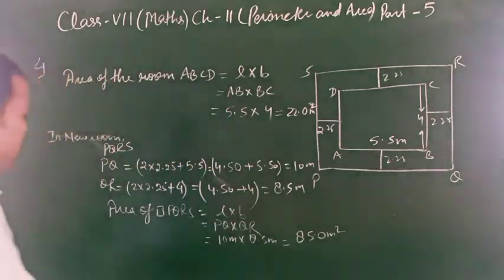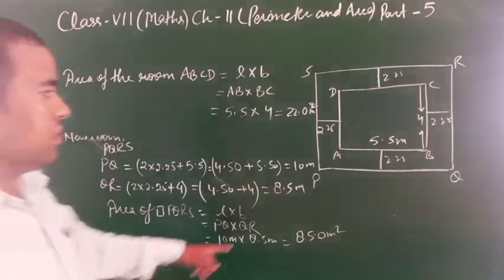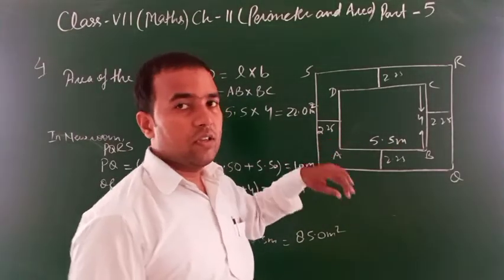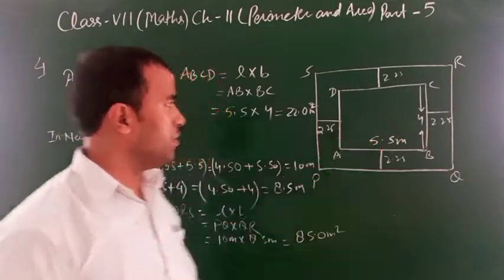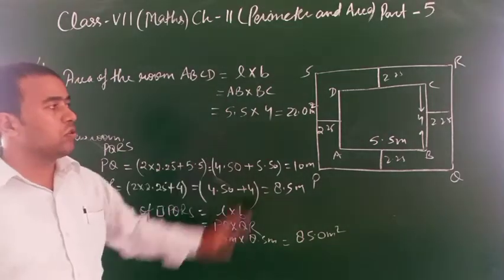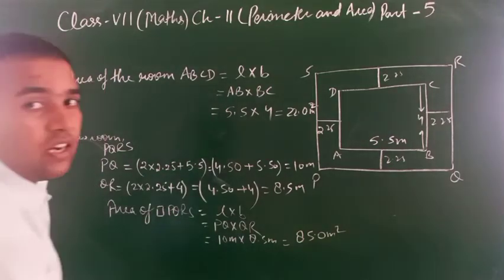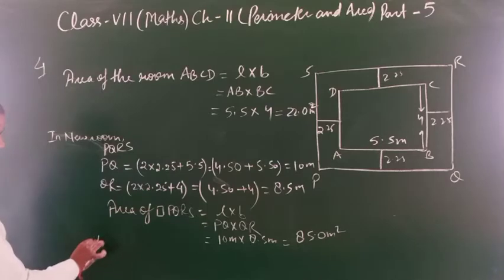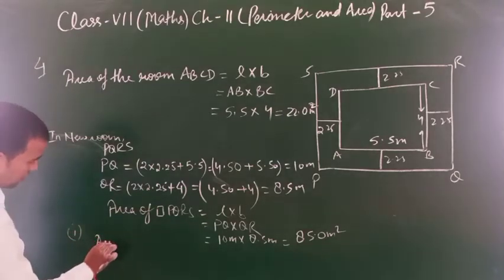Clear? It is the area of new room PQRS. Area of room ABCD equal to 22. The area of veranda is asked. So the first question is asking the area of veranda.